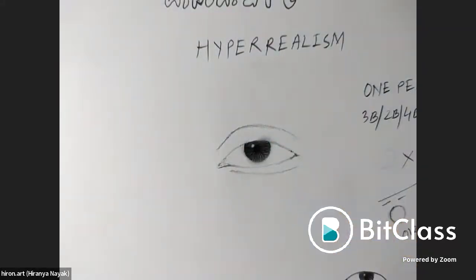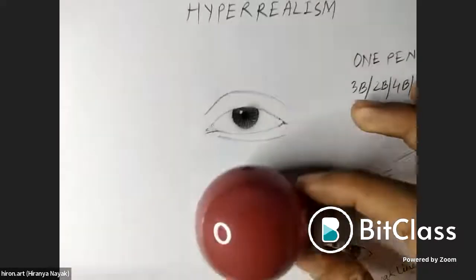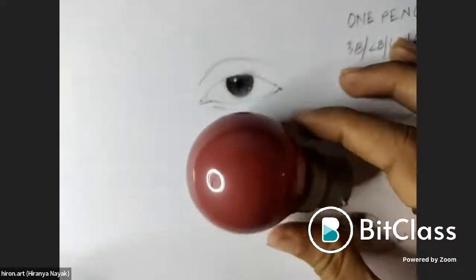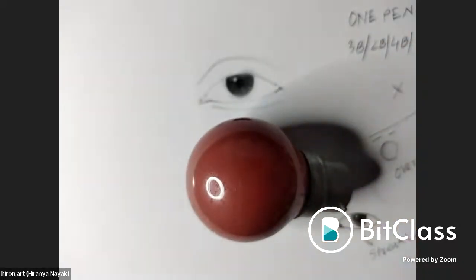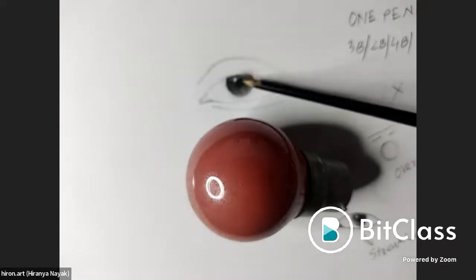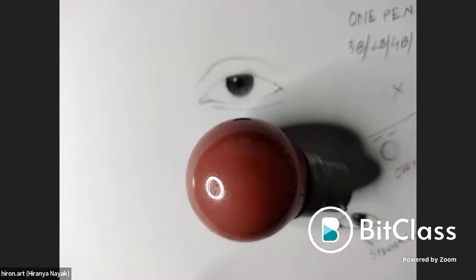Now let me show you something. Let's suppose I'm putting this bulb on the surface and I have the ring light on my left side. Can you see this highlight? This is the active highlight, which is visible directly.